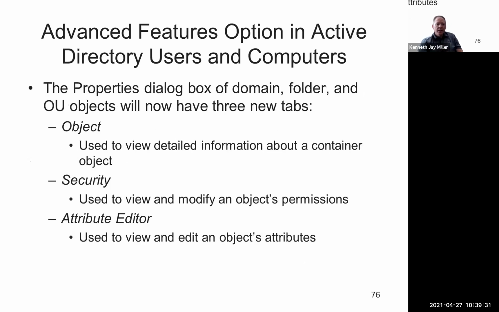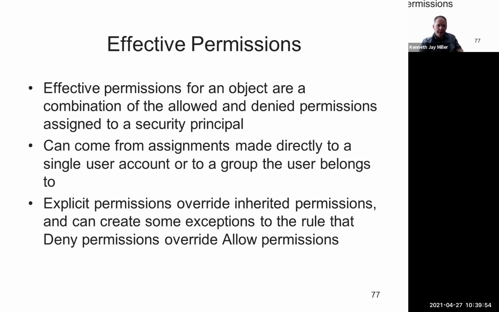All right. Now, the property dialog box of domain folders and OU objects will have 3 new tabs: the Object, the Security, and the Attribute Editor. So if you right-click on an object in an OU and select Properties, you'll see these tabs where you can change various things.